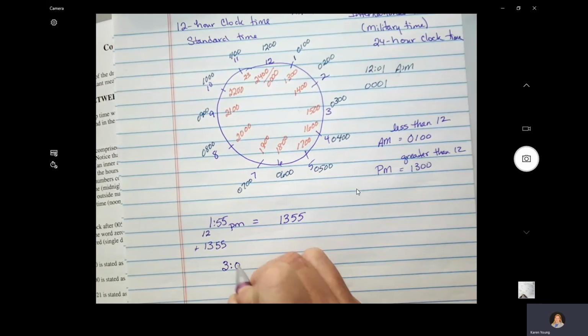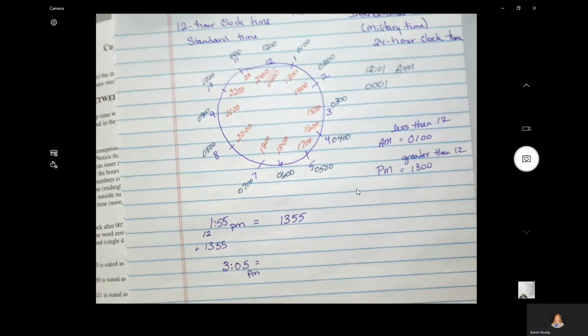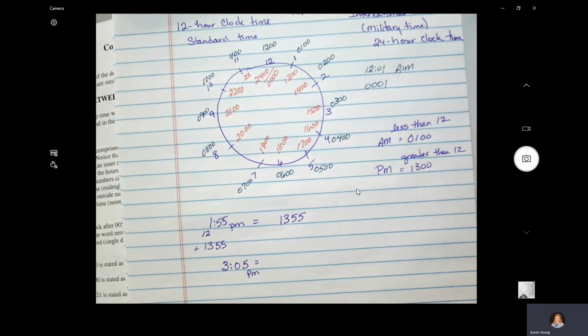If I wanted to convert 3:05 p.m., that used to be my favorite time of day when I taught high school. I was counting the minutes from the time I got there at 7:15 to 3:05. My last class was basketball girls. They were my worst class.